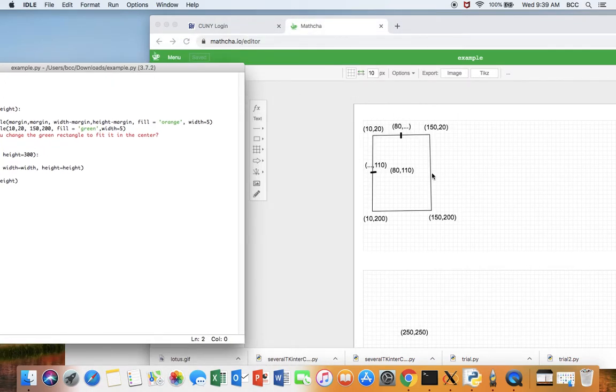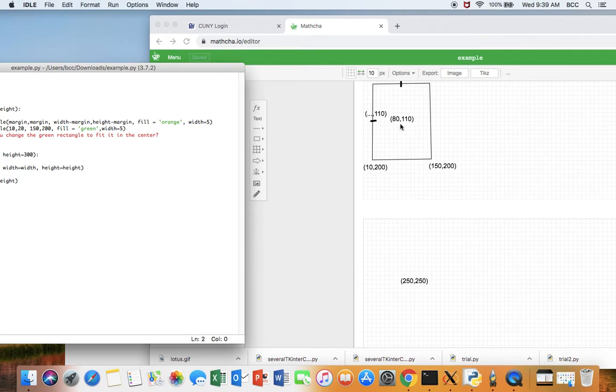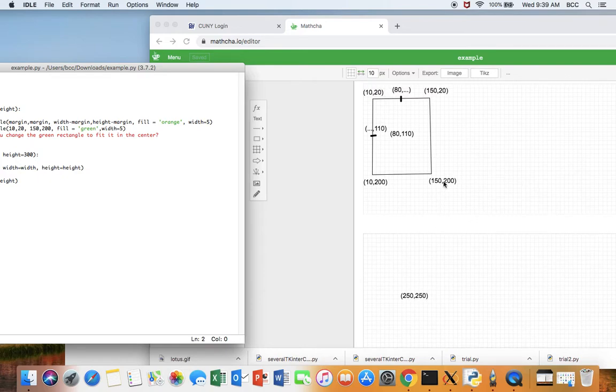So I want to move this rectangle from 80, 110 to 250, 250. So all I need are the opposing points of my new rectangle. Now, from 80, how do I get 10? I subtract 70.